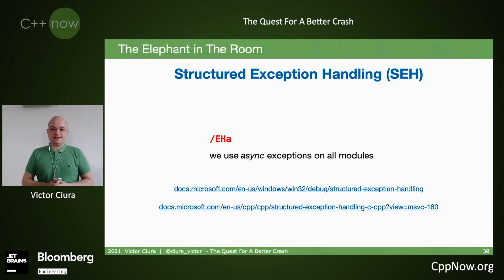So structured exception handling is important to address, and this workflow needs to support this. Otherwise, it wouldn't be useful for a large portion of Windows applications that actually need this, including mixed applications, for example, with C++ and managed code.